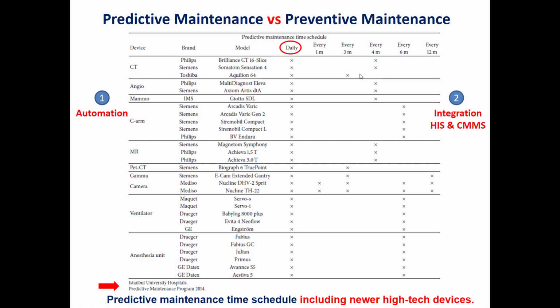This gives better support for the device. I will give a simple example. In the case of a ventilator, usually every year we replace the oxygen cell, whereas the replacement of the oxygen cell will no longer depend on the period, but will be more based on the condition of this oxygen cell.